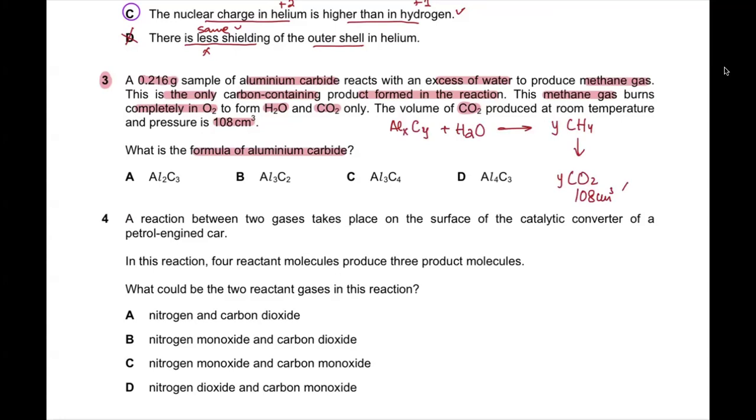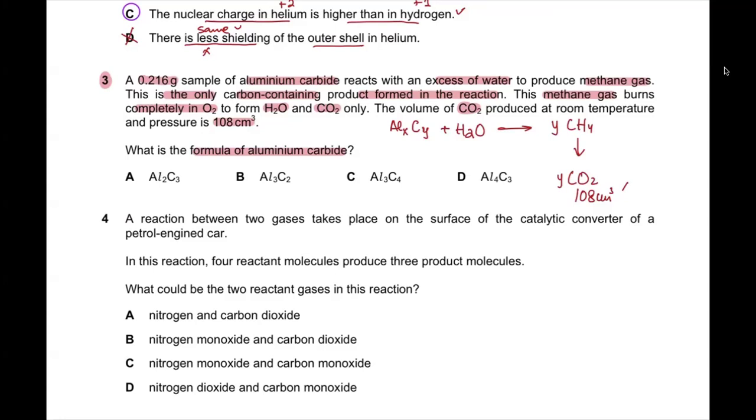If I have to calculate the mass of carbon, it is going to be 0.0045 multiplied by 12. So we got the mass, that is 0.054 grams. So that is the mass of carbon. This is the mass of aluminum carbide.